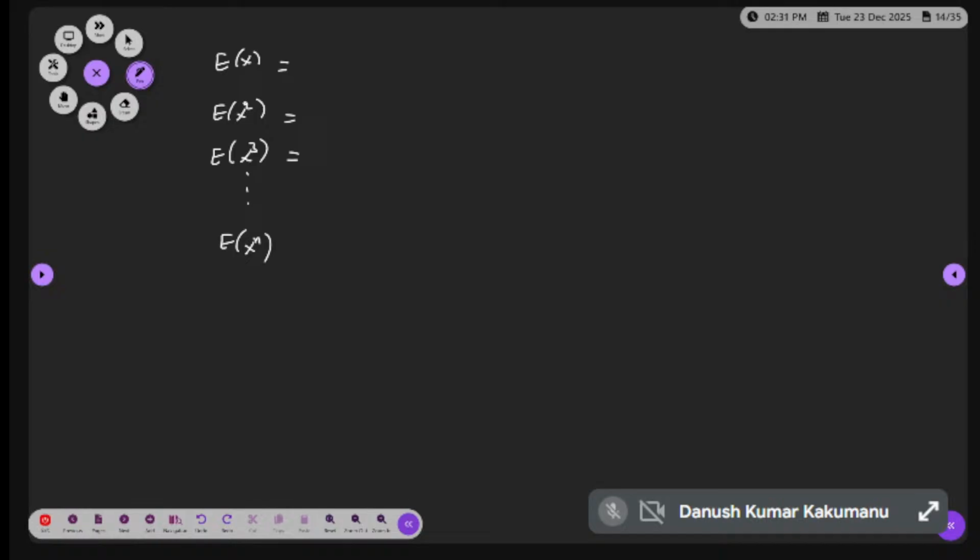All these formulas, if x is a discrete random variable, and if x is a continuous random variable, what is the E of x formula and what is its name?